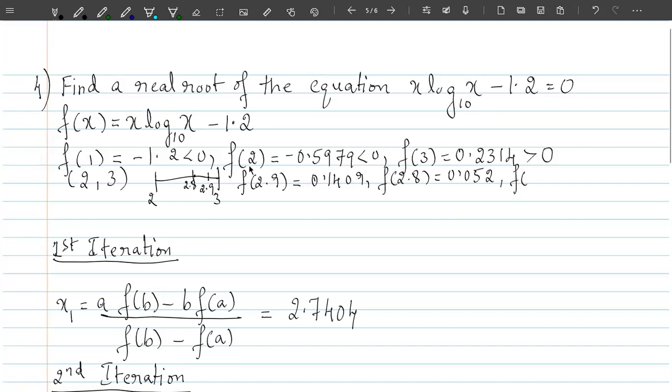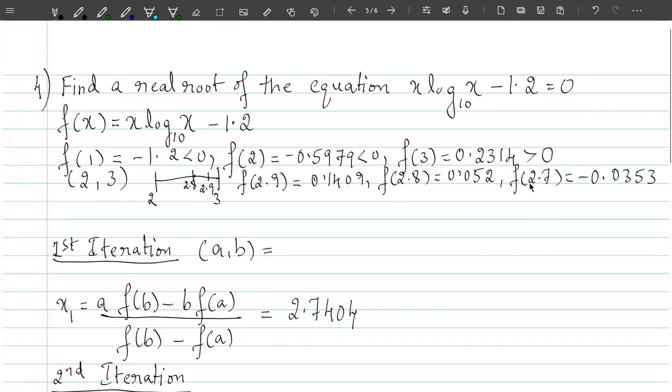Then I can take f of 2.7. F of 2.7 is nothing but minus 0.0353. So now I can make one interval a comma b, because I have the signs of f of a and f of b and the signs are different. So which is that interval a comma b?